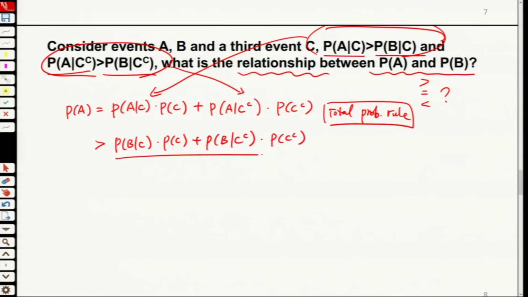And what is this? This is probability of B. Yes, excellent. So what we have is probability A is greater than probability B.